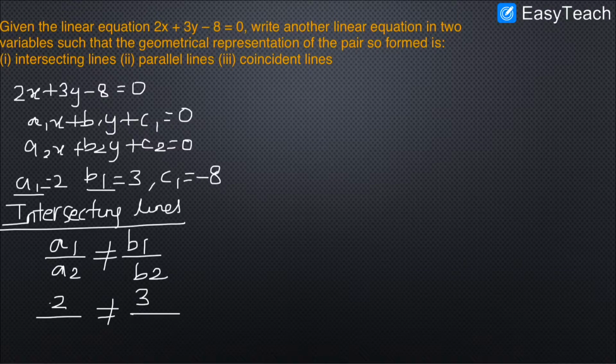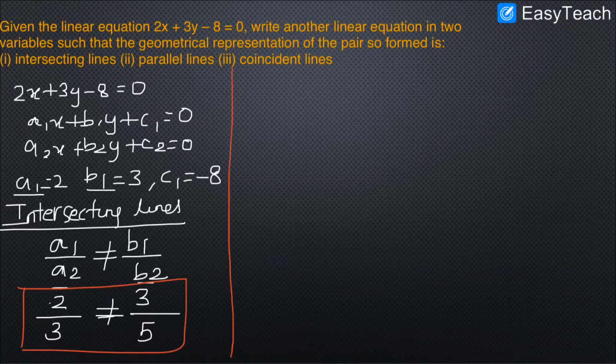So a1 is 2, not equal to b1, 3. So what to write for a2 and b2? You may write any numbers to satisfy this condition, which means I put 3 for a2 and 5 for b2. For c2 you can write any number because c2 is not the important term here.